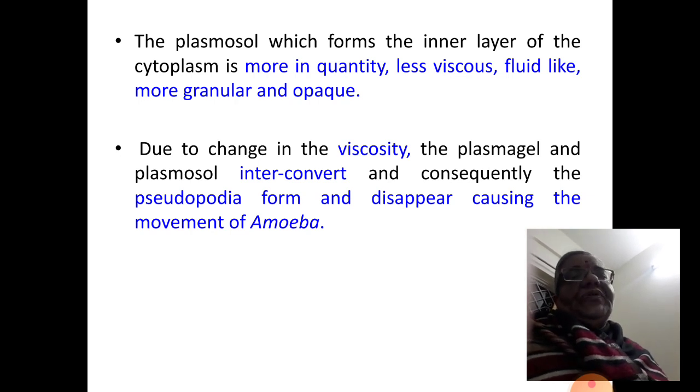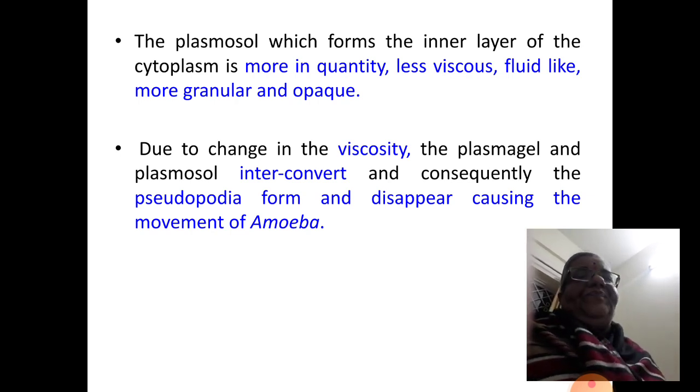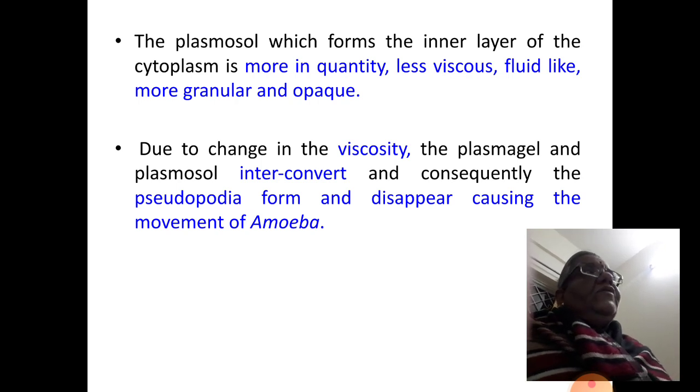Then, due to change in viscosity, plasma gel and plasmosol interconvert, and consequently pseudopodia form and disappear, causing the movement of amoeba. Let me explain this in detail a little later. You have to understand that there is plasma gel outside, plasmosol inside.